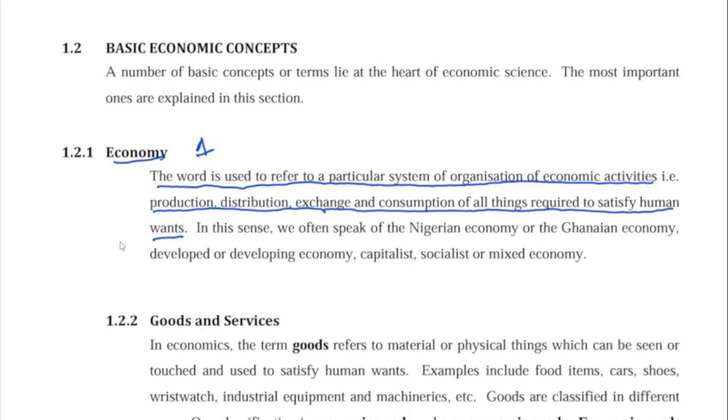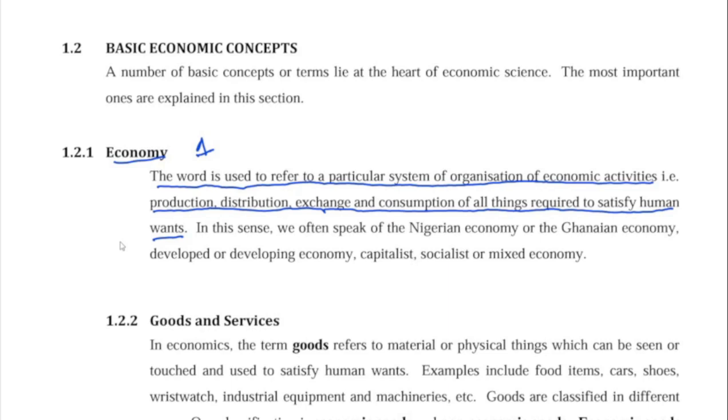So let's say you go to work and you earn. That's your production. Choosing the kind of work that you do is your own economy. Choosing how much you want to spend on rent, choosing where to live, the amount you spend on transportation, all those choices is your distribution.